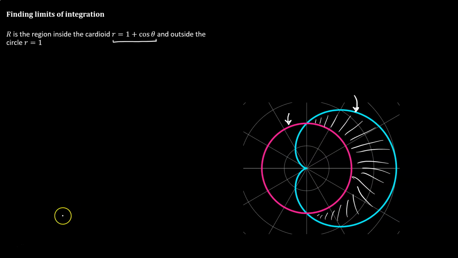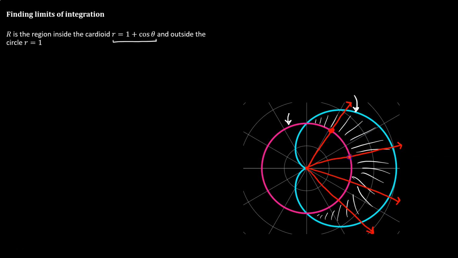And remember, to find our limits of integration, we're going to start with our R bounds. So starting at the polar origin, I'm going to draw rays or grow rays that come through my region. And I'll keep adding more until it's obvious to me where all of the rays are entering and exiting the region.